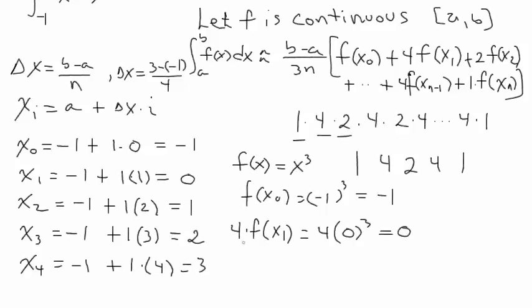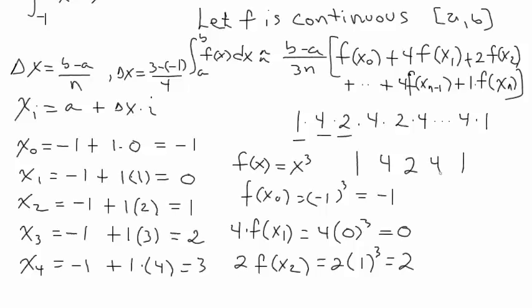And so then the next one's going to be 2. Remember, these are the coefficients here we're looking at. So 2 times f of x2 is equal to 2 times, and let's go over here, x2 was 1, so 1 cubed, this is equal to 2.